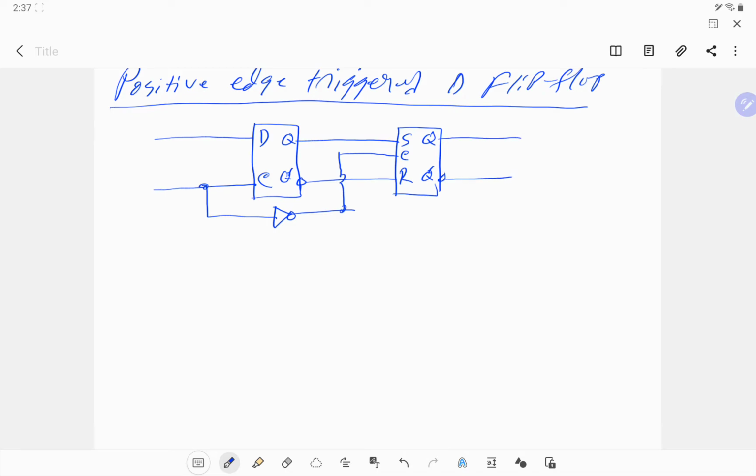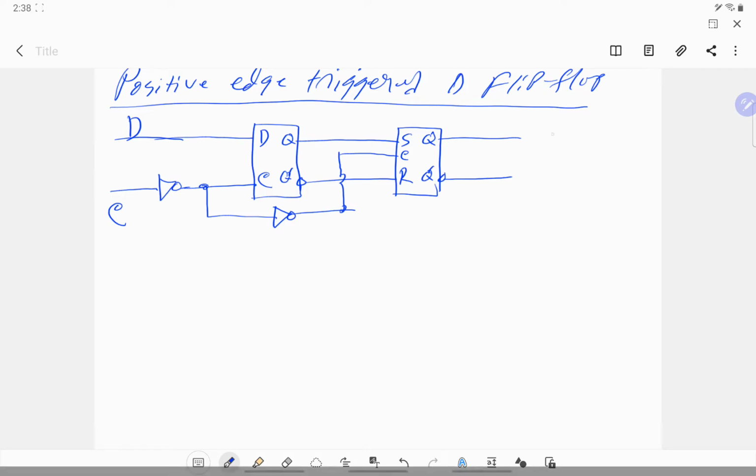This is the negative edge triggered D flip-flop. Now we want to add an additional inverter or a NOT gate here. Then after analyzing this device, we will see that this gives us a positive edge triggered D flip-flop.